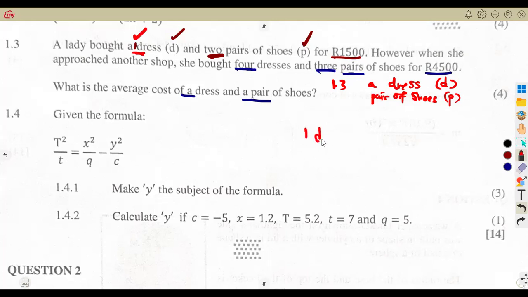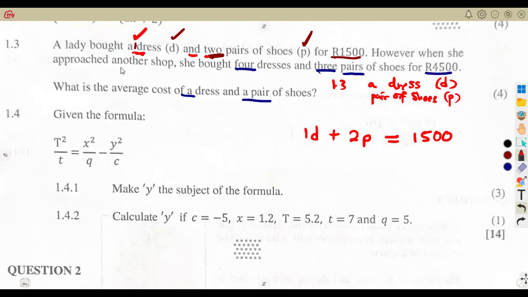So it's just 1D, which you can just write as D. And we are going to add a pair of shoes, and there are two pairs. So that's 2P. Remember, a pair of shoes is P. So that's 2P, for 1,500. So that's equal to 1,500.